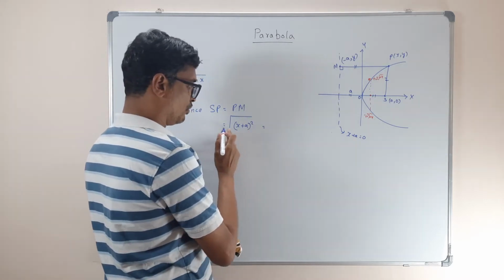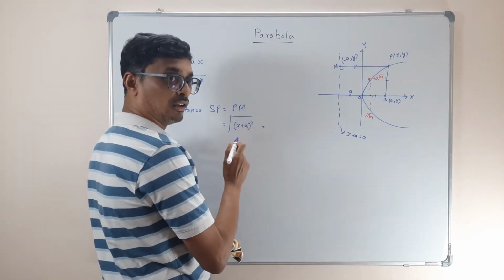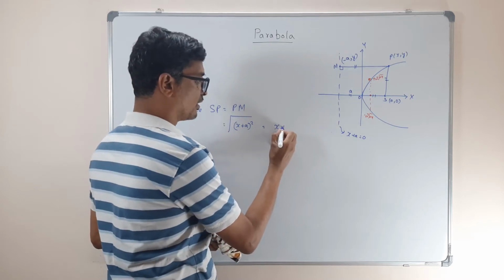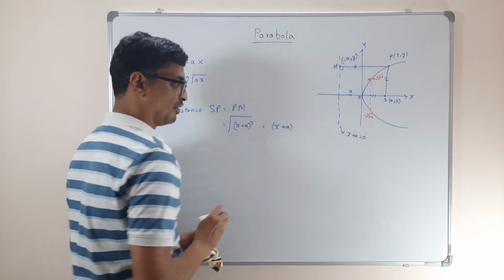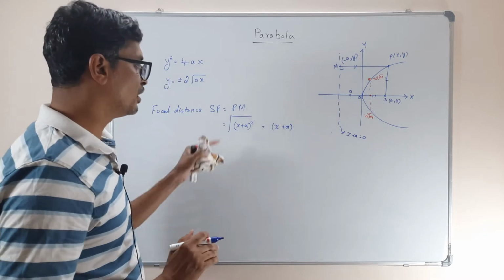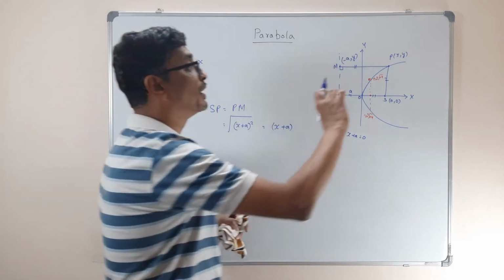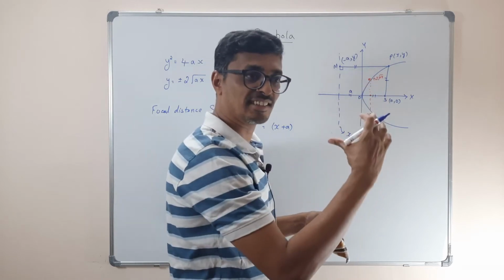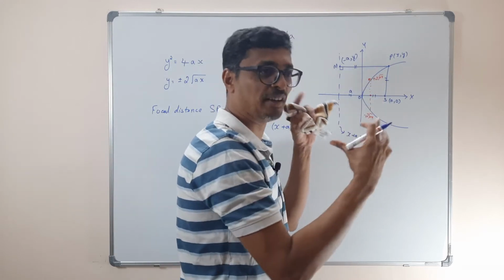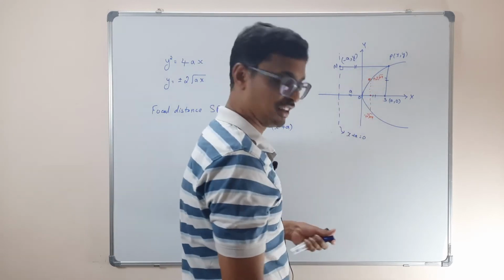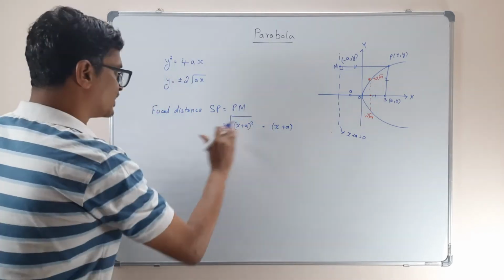Square root, so it will be x plus a. It should actually be plus minus, but we are talking about a distance. It's a length. Length is always positive, magnitude only. We don't call this negative. Got it? So, the focal distance.